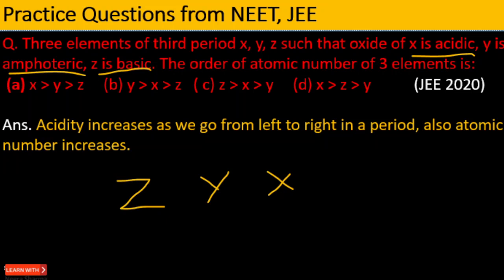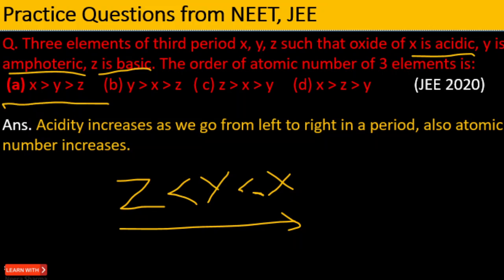So what happens to atomic number as we go from left to right in the periodic table? It is increasing. So X would have greater atomic number than Y than Z. So which would be the correct answer?